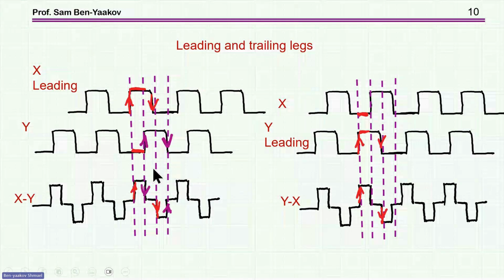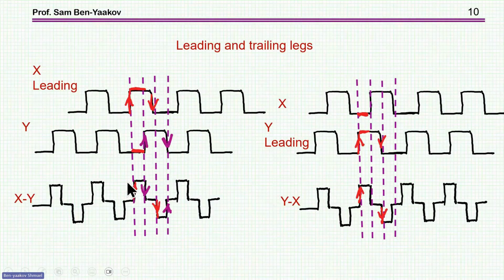And if you'll notice here, this leading part is responsible for turning on the input, actually. The transition of this one, the up and down, is causing this part to go up, and the down is this part to go down.